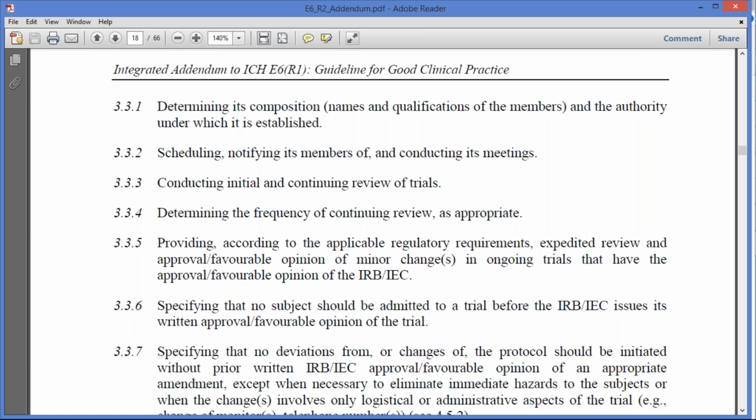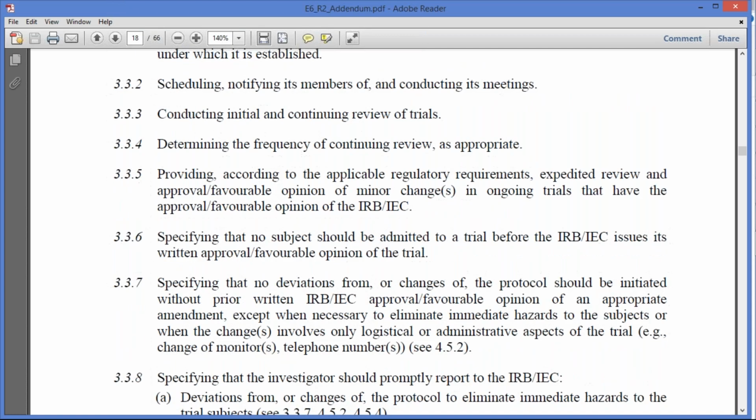And specifying that no subject will be recruited until IRB issues written approval of the trial.